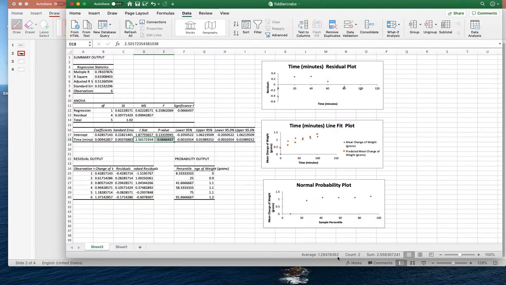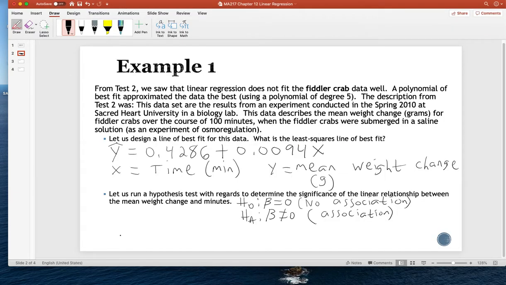And based upon this test, we have a t-stat of 2.50 and a p-value of 0.0666. Alright, so let me put that on here. So the t-statistic for this had been 2.50 and the p-value 0.0666.